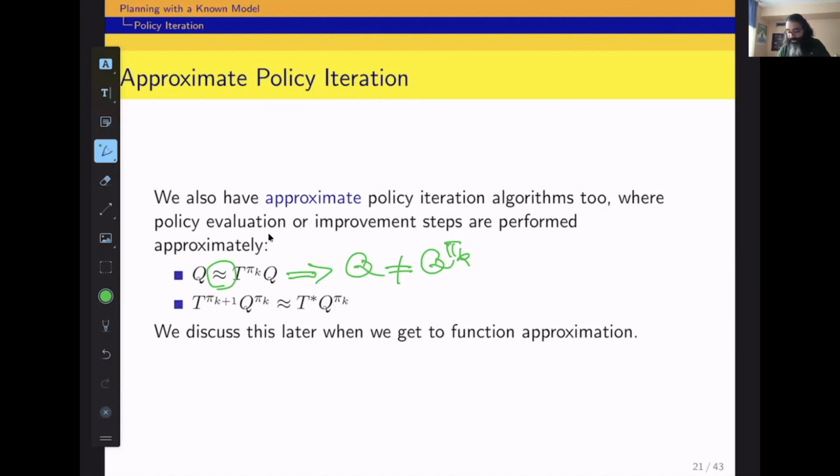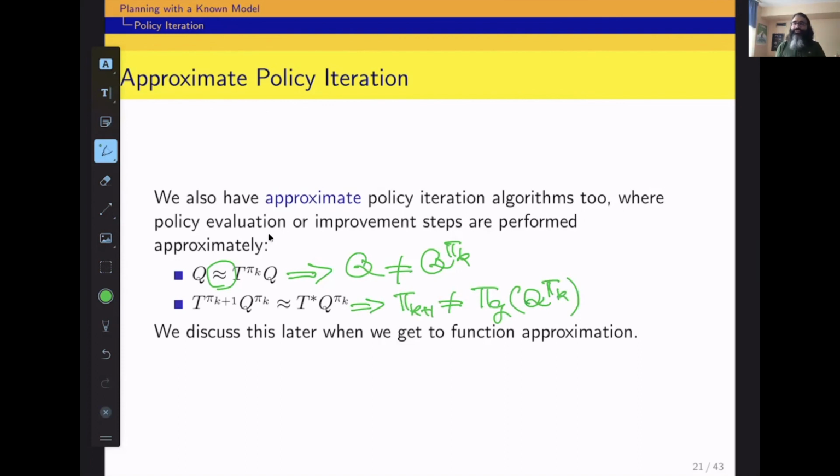And then what happens there? In this case, this pi k plus 1 is not equal to the greedy policy with respect to pi k. So there are methods for that, approximate policy iteration, and it is useful when we have, say, function approximation, because we cannot solve the policy evaluation problem, for example, exactly.